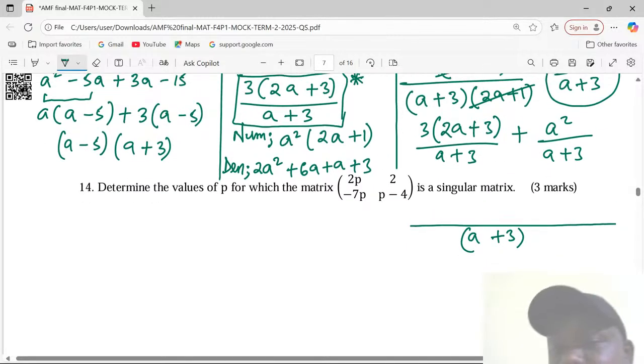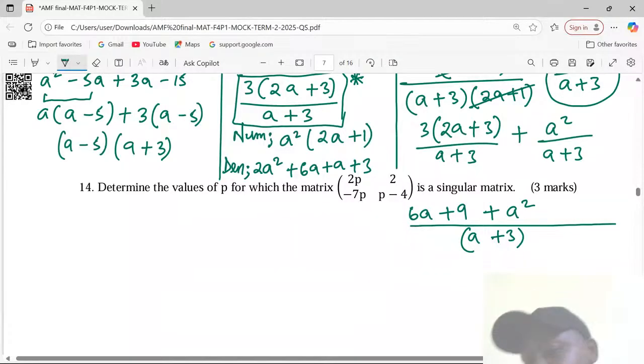LCM divided by the first denominator, we get 1, so that we have 3 times 2a plus 3, which becomes 6a plus 9. Then plus LCM divided by the second denominator, we get 1, so this becomes a squared.